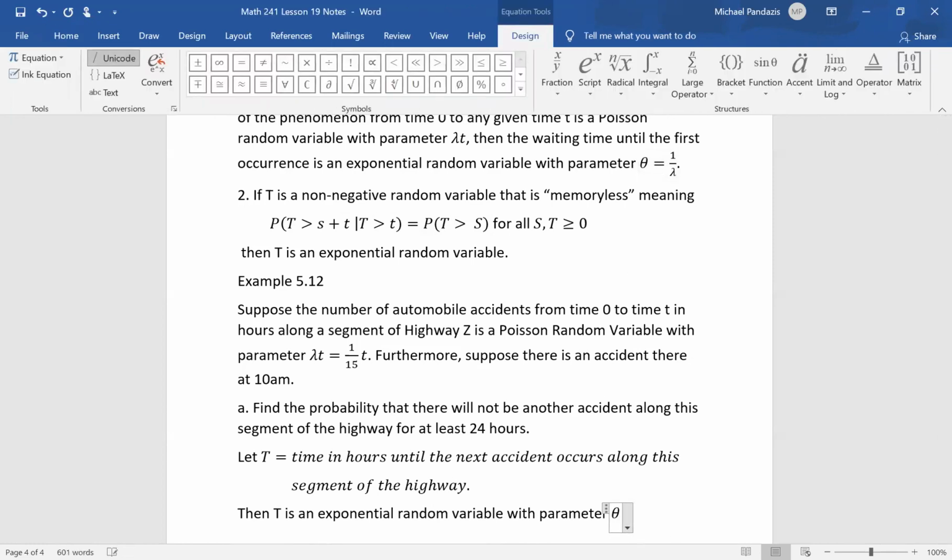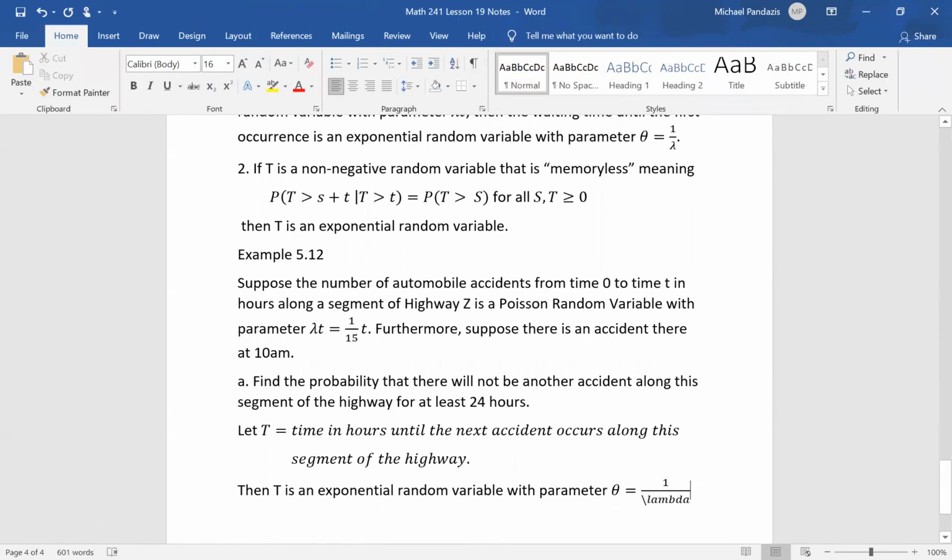So it's theta equals 1 over lambda. Well, that's equal to 1 over, here lambda is 1 over 15. Lambda is 1 over 15, right? That's 1 over 1 over 15, which is 15.